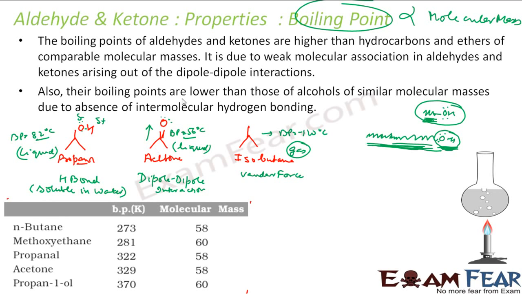So if you see here, they have compared n-butane. This is butane, the normal butane. They have the boiling point of 273, and a comparable molecular mass.